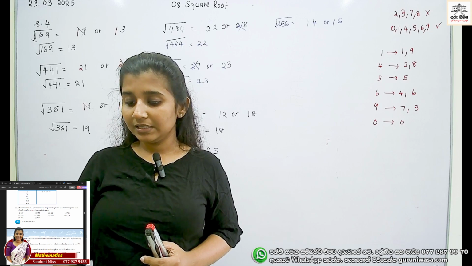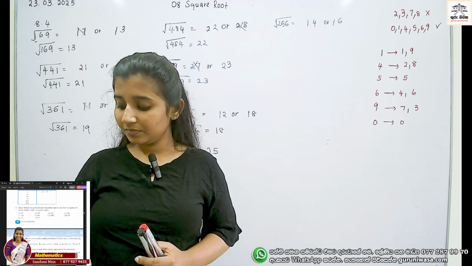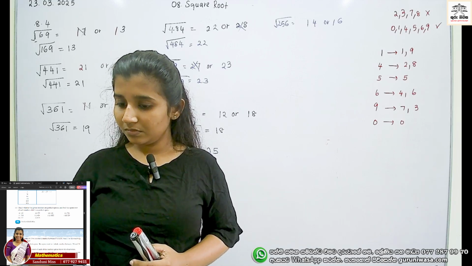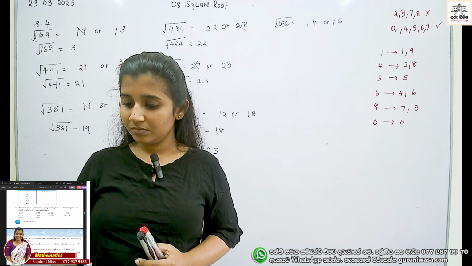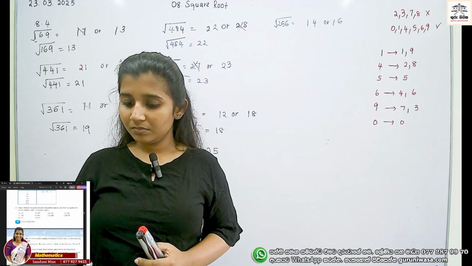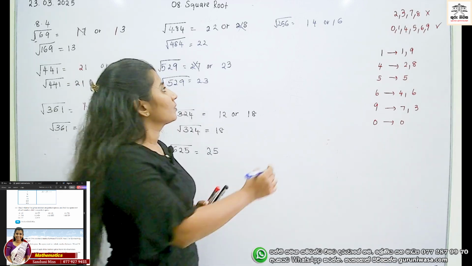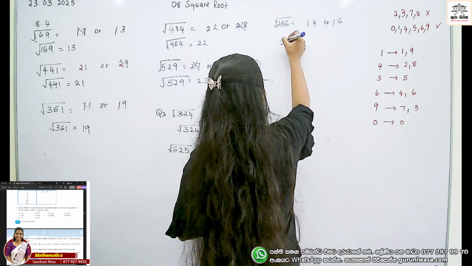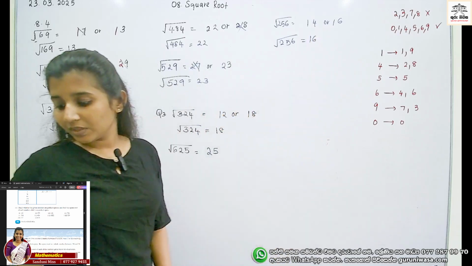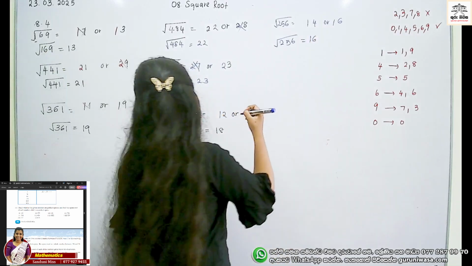See, it is 16, right? The square root of 256 is equal to 16.